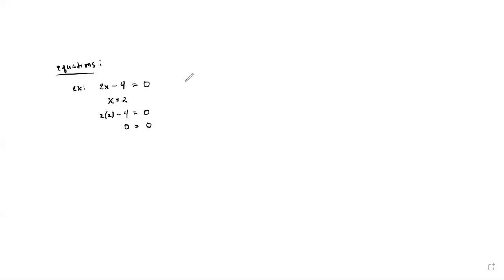Before we discuss how to solve linear equations in one variable, let us enumerate first the different properties of equality. Let us suppose first that A, B, and C are all real numbers.